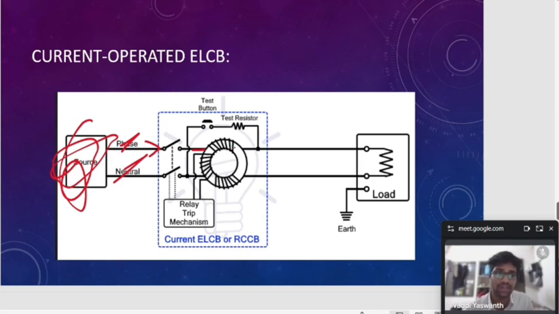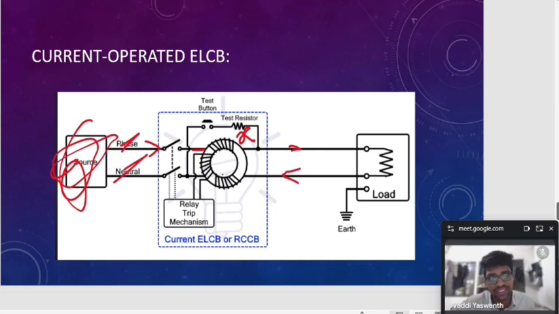Remember that it may generate X amount of field. The 1 ampere will go like this, be used in the external load resistance, and again be returned to the neutral like this.